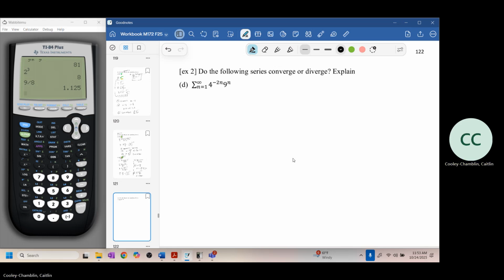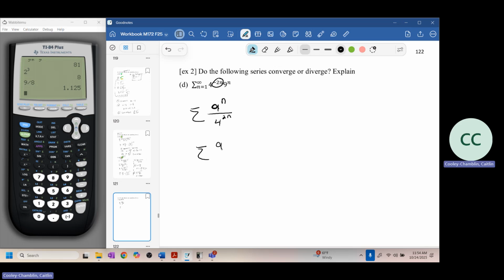So we have the summation n equals 1 to infinity of 4 to the -2n times 9 to the n. Let's rewrite this. Remember that something with a negative exponent on top is a positive exponent on the bottom. So let's rewrite this as 9 to the n over 4 to the 2n, just by moving this down. Now, the numerator I need to rewrite.